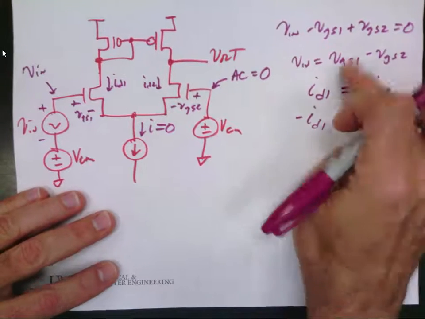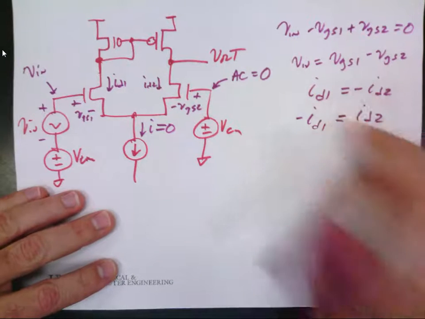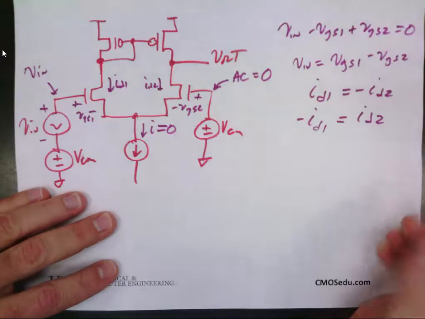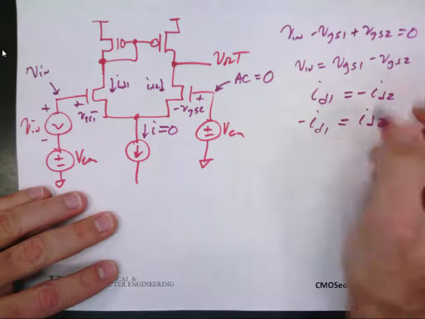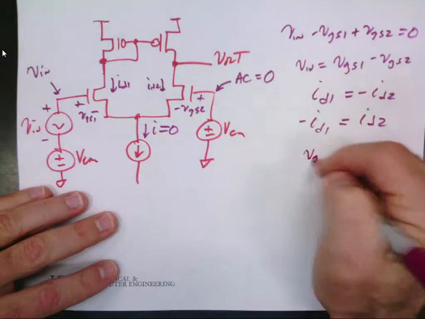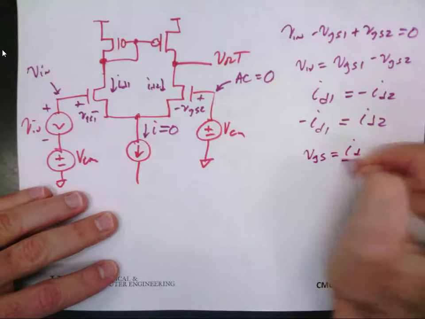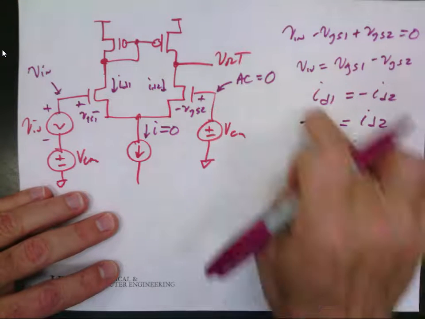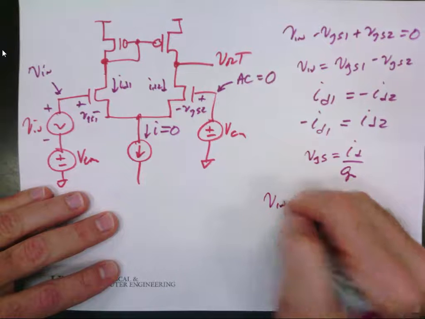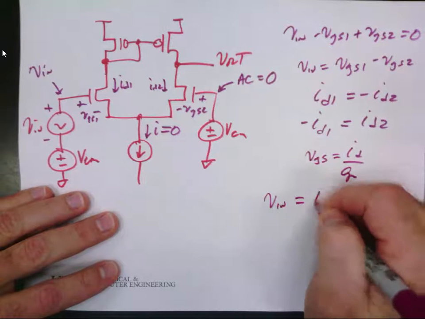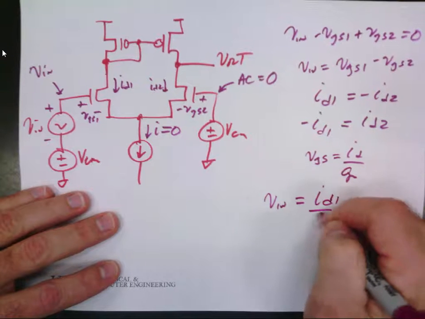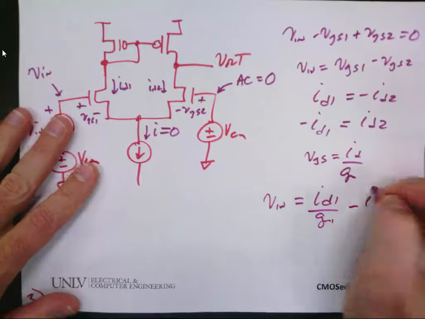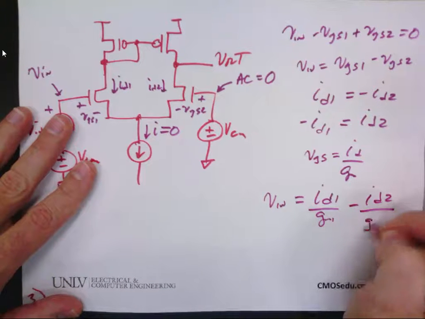Okay, what equation pops into your head when I look at these? Yeah, GM times VGS equals ID. So I can write VGS equals ID over GM. Or I can go back here and write Vn equals ID1 over GM1 minus ID2 over GM2.